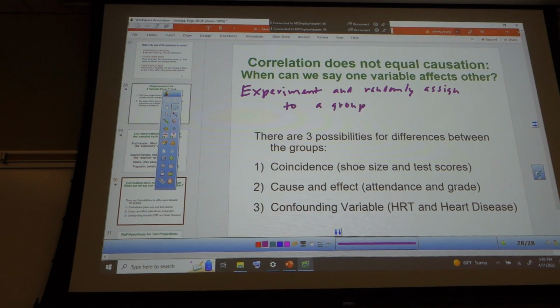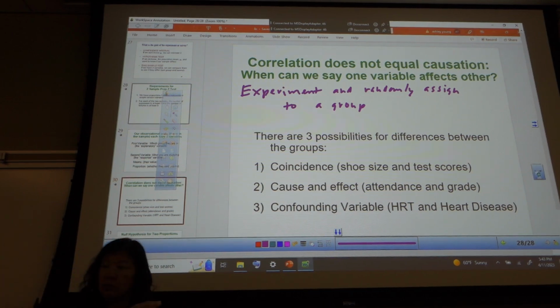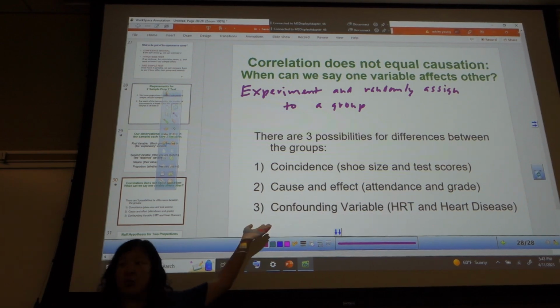So this is really hard to do because you can't exactly take an animal and say you're going to be a dog and you're going to be a cat, right? You can't do that. So it becomes kind of tough in many ways. But like Alexa was reading, if there is a correlation between 2 things, it could be that it's just a coincidence.